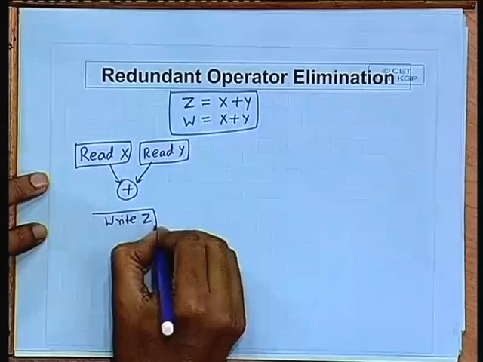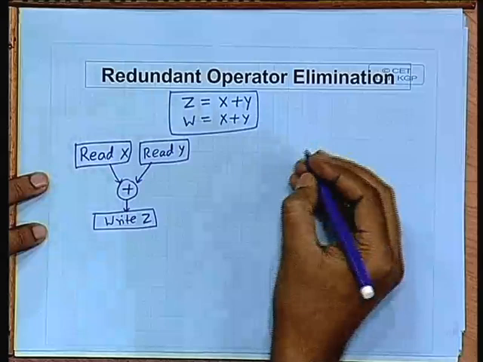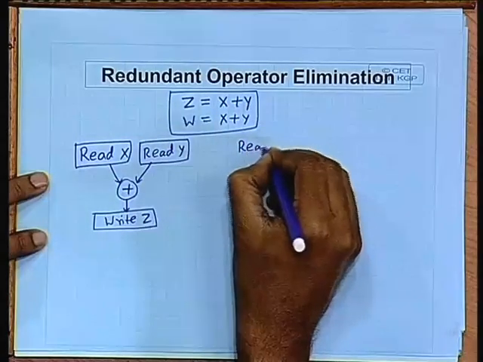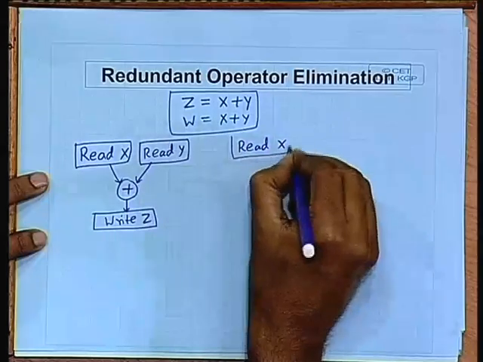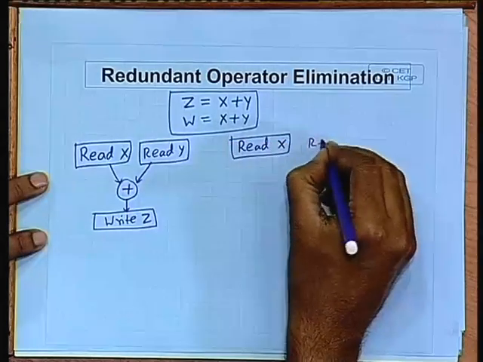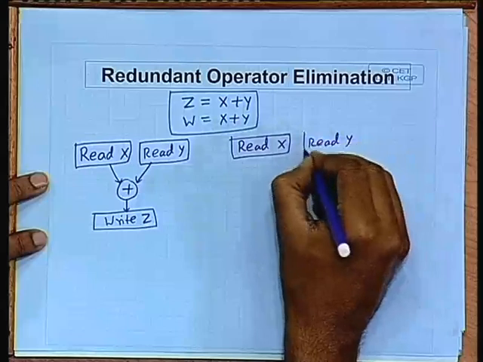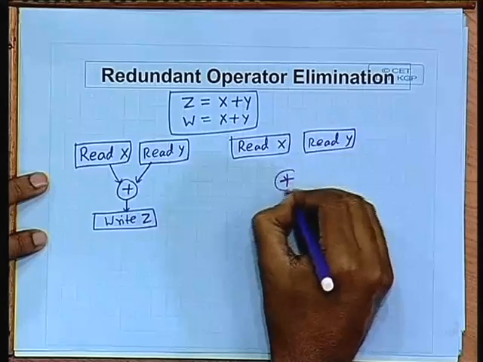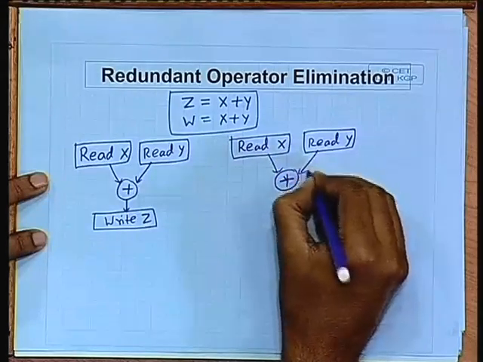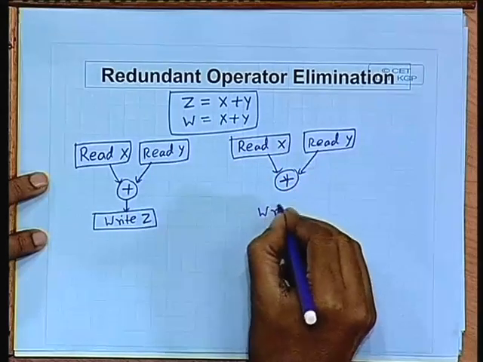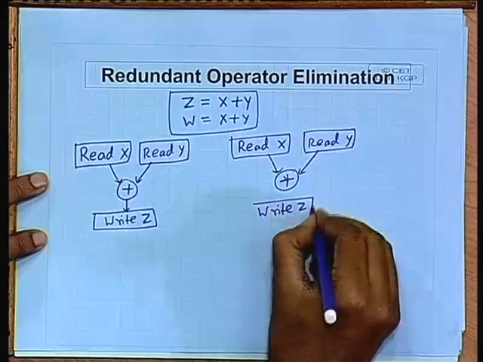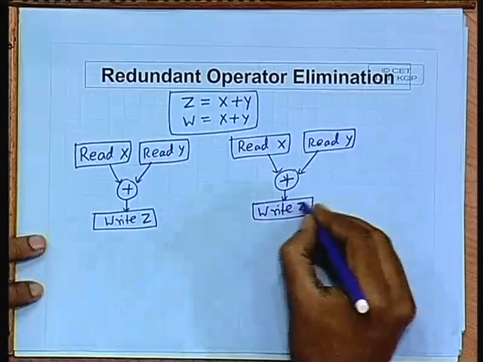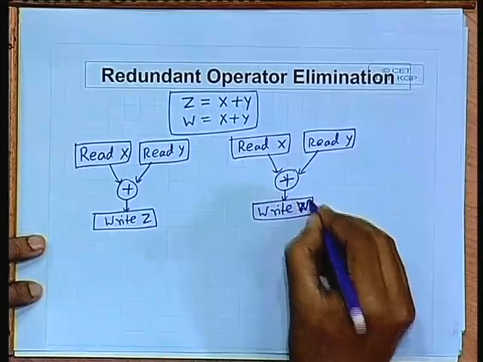Write z. This is for z, the first one, and for the second one there will be again a similar block generated. Sorry, w, write w. Okay.